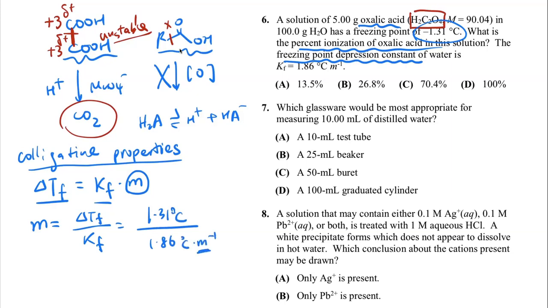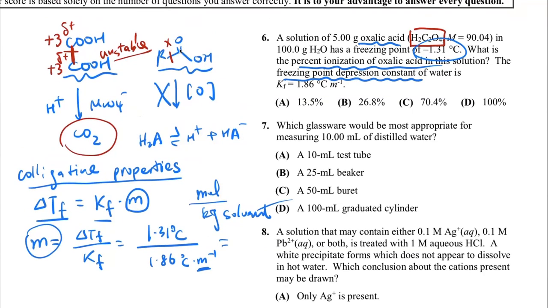Because this lowercase m means molal, right? The molality has a unit of mole per kilogram, and this kilogram is kilogram of solvent, right? So obviously we can figure out the molality, and now I think you get a better sense because we know the mass of the solute, we know the mass of the solvent, right?